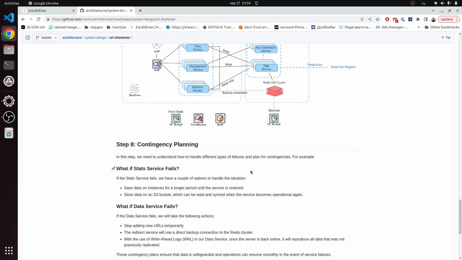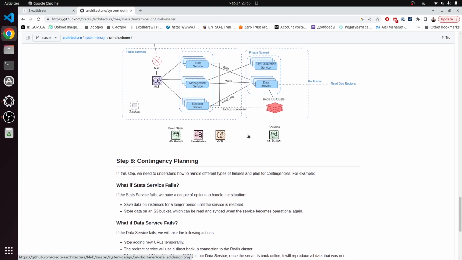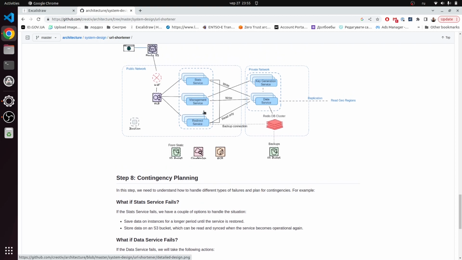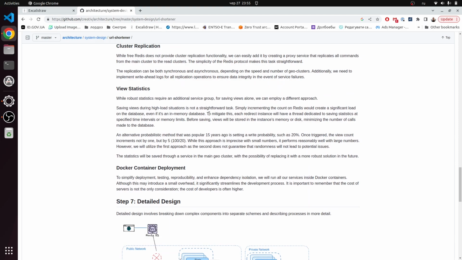What we basically need to do here is ask ourselves what we will do in case something bad happens, and what plan to mitigate this problem we have. For example, what if the stats service fails?